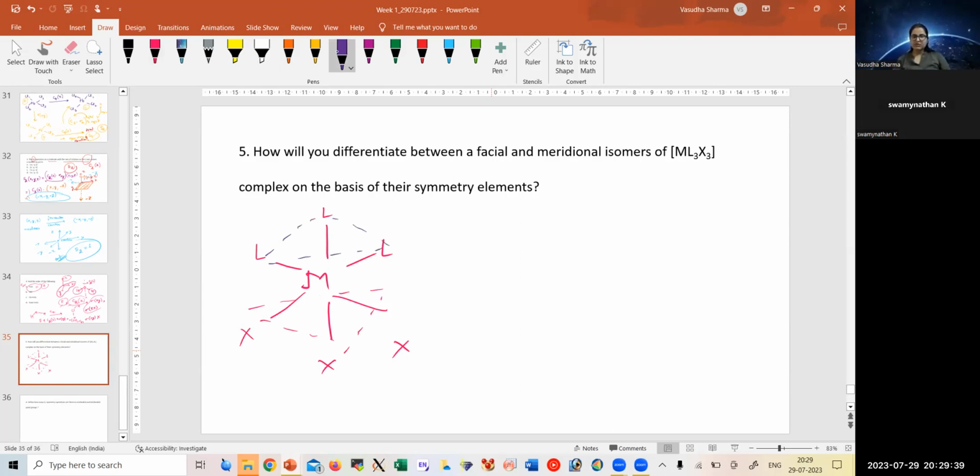Now the other one would be M. There would be 2L over here, or 2L over this side. We are replacing this L with X. So X is there. Now this again would be L.